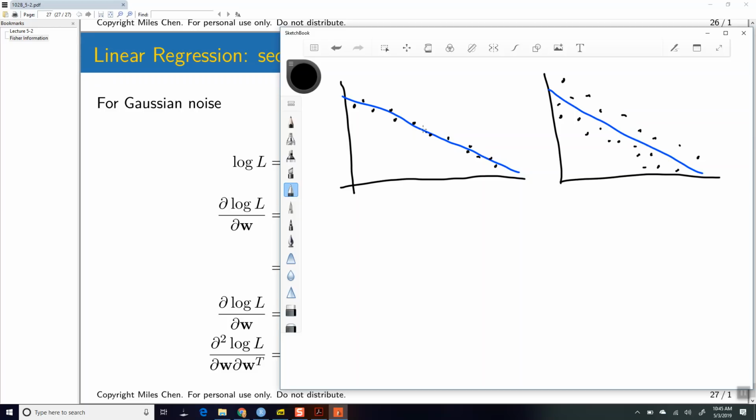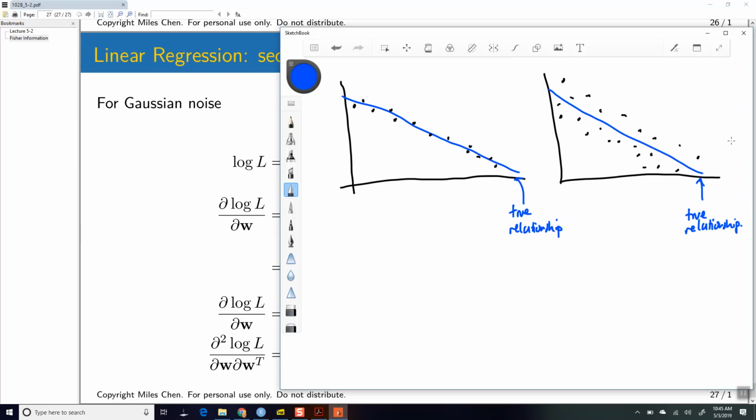If the blue line represents the true model, the true relationship, and over here, here's our true relationship.